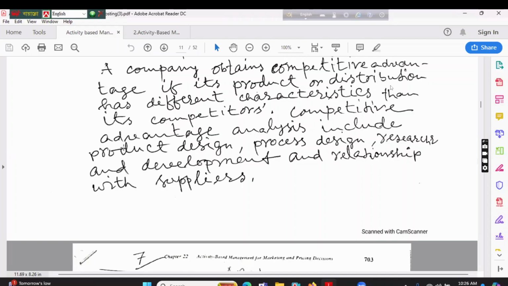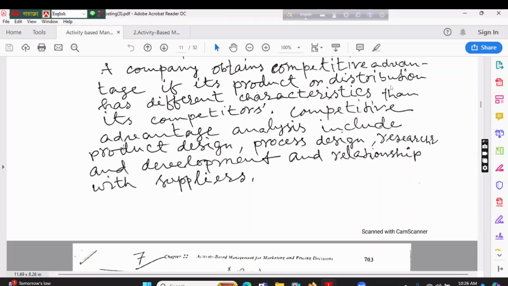Steps for implementing activity-based costing. There are 5 steps or 5 stages for implementing activity-based costing.